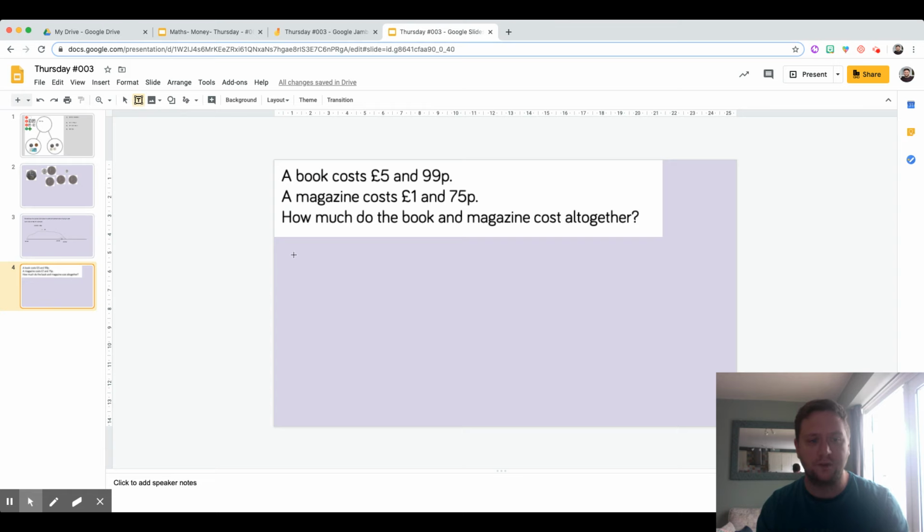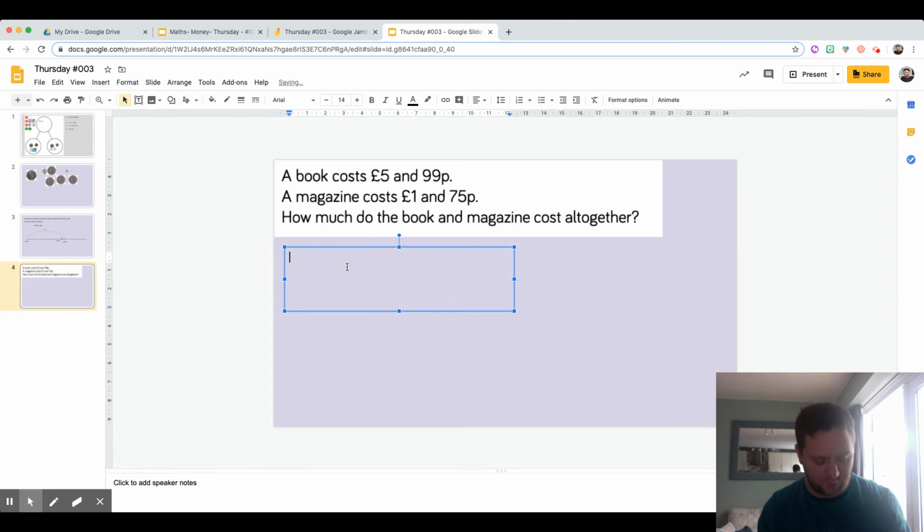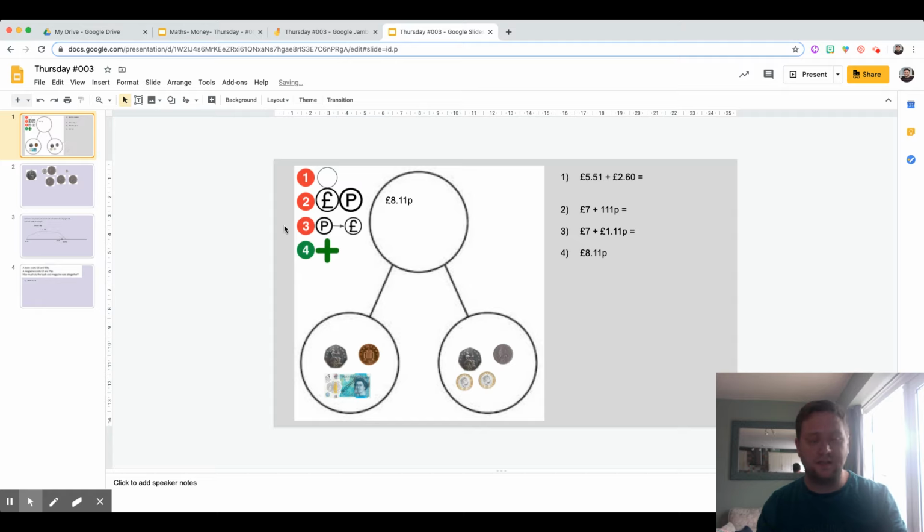Well, that's what I'm going to do here. I'm going to find out how much was in each part and write it down so it's clear. Get rid of the words. I've got £5.99 plus £1.75. Step 1. Okay, so step 2, reminding ourselves, was add the pounds together and add the pence together.